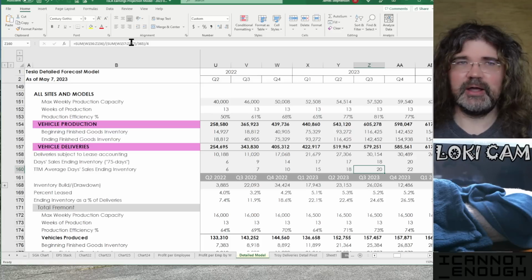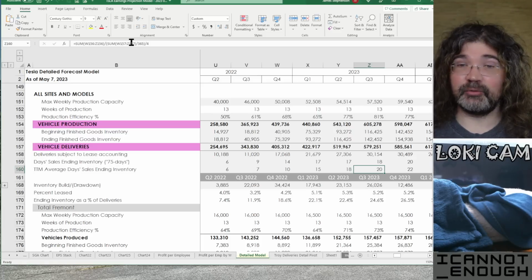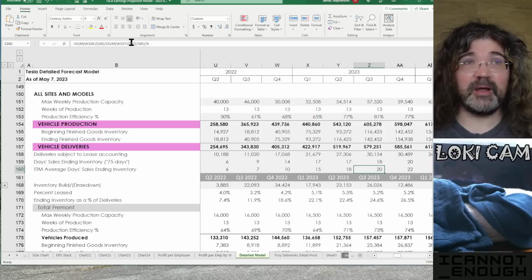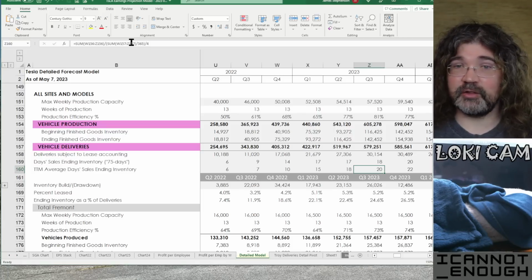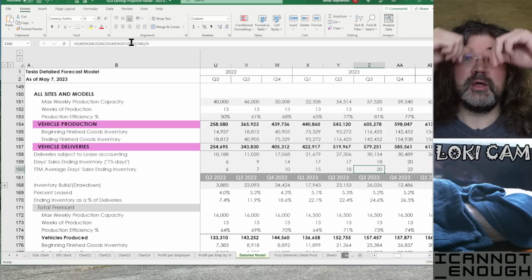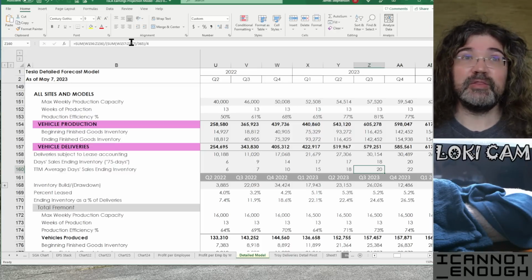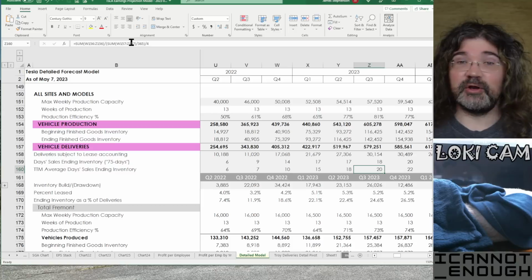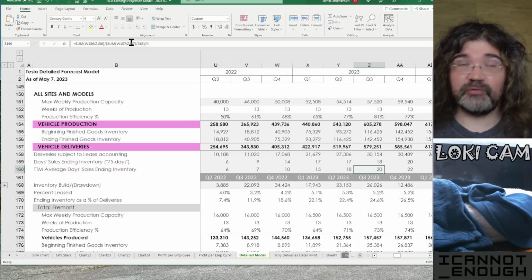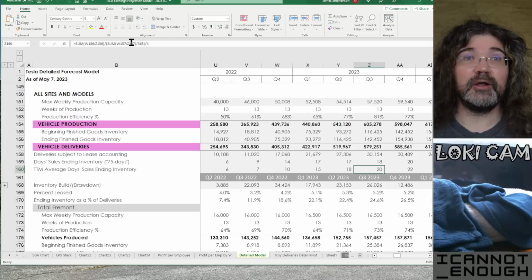So if Tesla had decided, hey, we're only going to produce vehicles in China, because that's the cheapest place to make them, and then we'll just ship them everywhere on Earth, and if there's tariffs, there's tariffs. That wasn't Tesla's strategy, but if it had been, then there would be 30 or 40 days worth of sales and ending inventory every quarter.